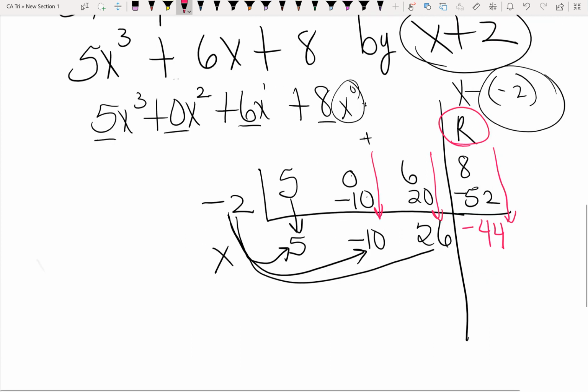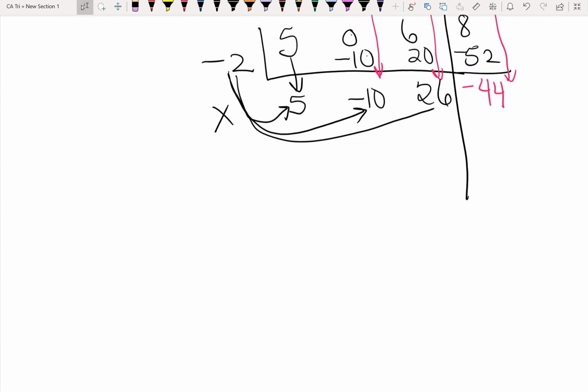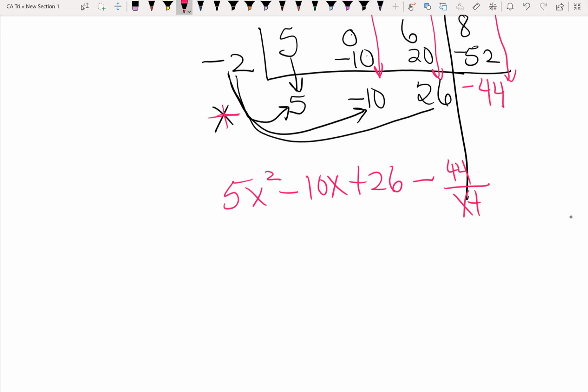So that is the division, and when we collapse this to actually show the answer, we would say that the answer now is 5x to the second power minus 10x plus 26 minus our remainder of 44 over x plus 2. So this is the remainder portion.